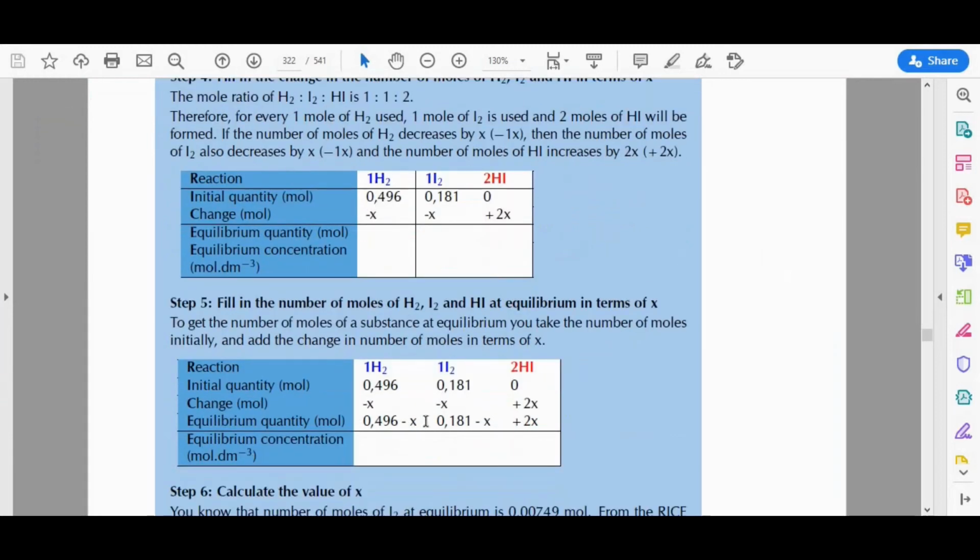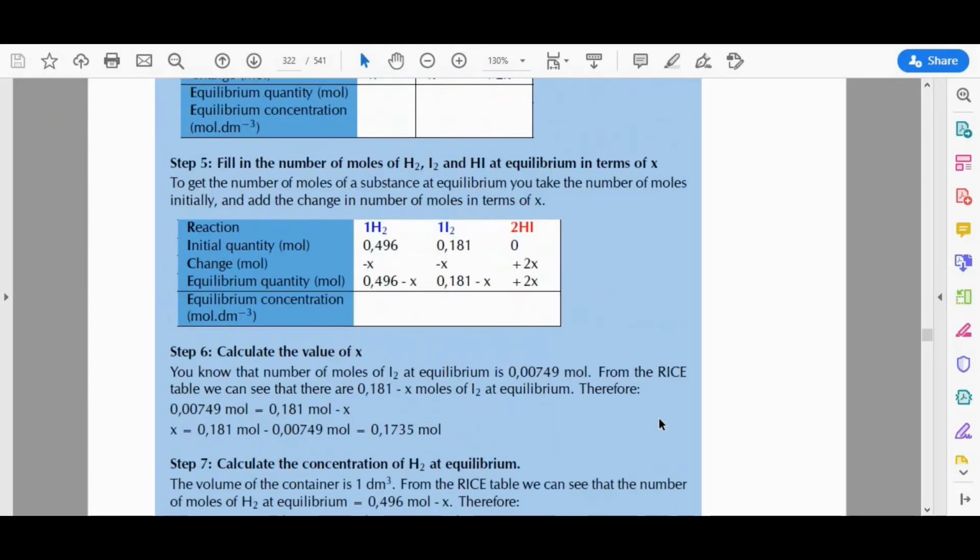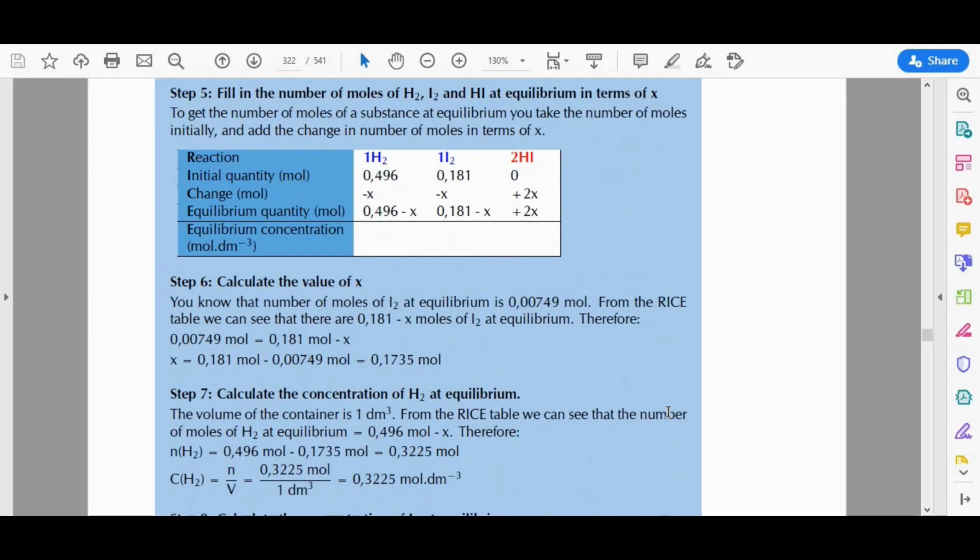Then our equilibrium mole quantity should end up looking something like this, where we need to calculate the value of x. So in step 6, this is probably the most important step, because this is where the working comes in. So you know, for example, that the number of moles was equal to 0.00749, because this value was what they told us in the text.